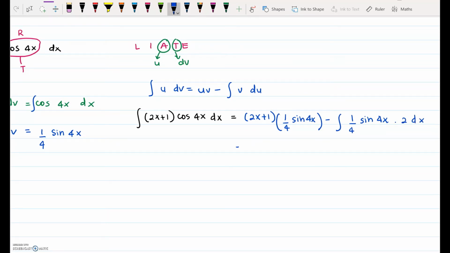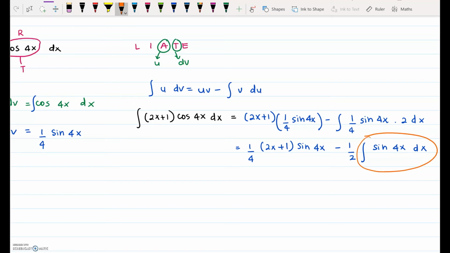Now when you simplify, you will have 1 over 4 times 2x plus 1 sine 4x minus 1 over 2 integration of sine 4x dx. Next we need to simplify this integration.